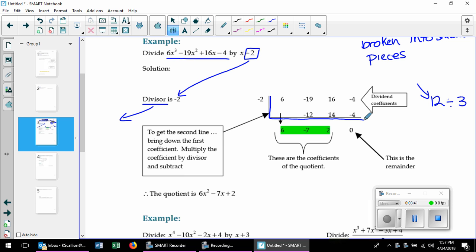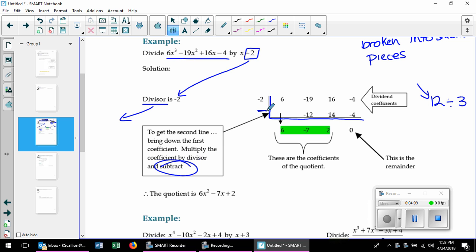Okay, here comes the synthetic part. You just need to know how to do this. First step, the 6 gets carried down. You just drop it down. Now you're going to do some multiplying. -2 times +6 gives me -12. And then subtract. That's what I'm trying to find there. You're subtracting these.